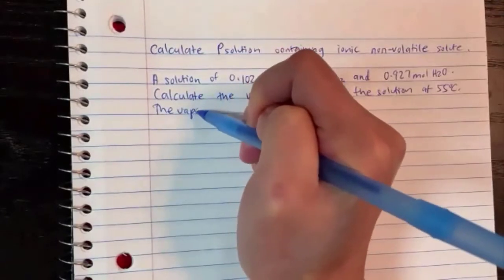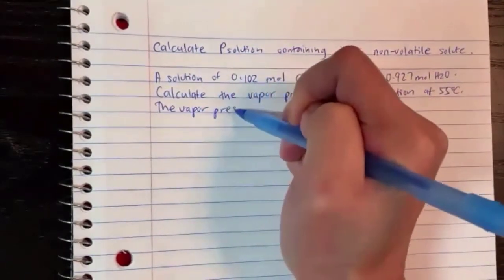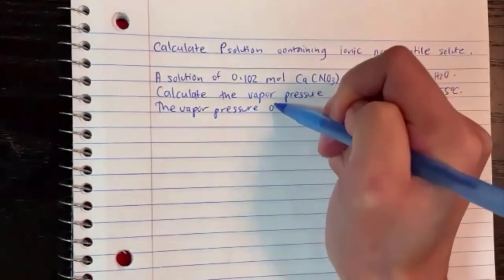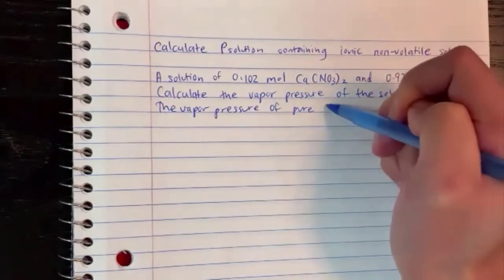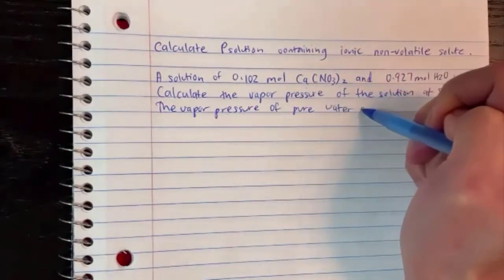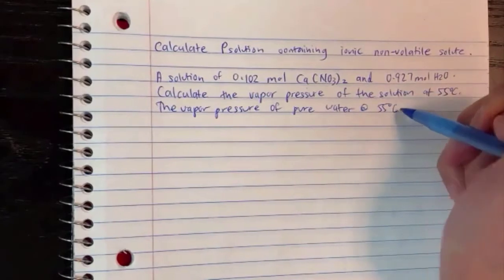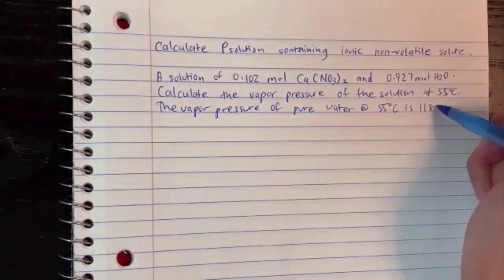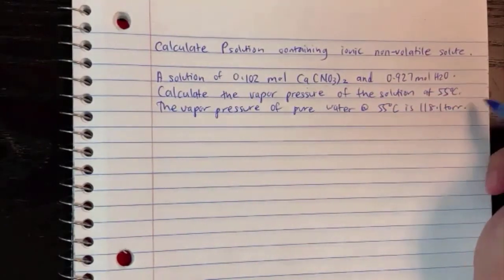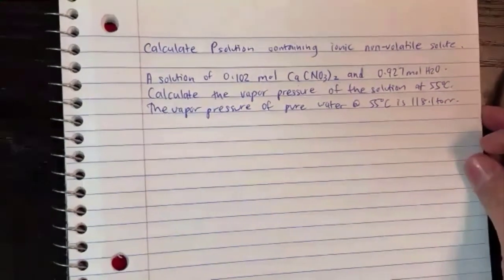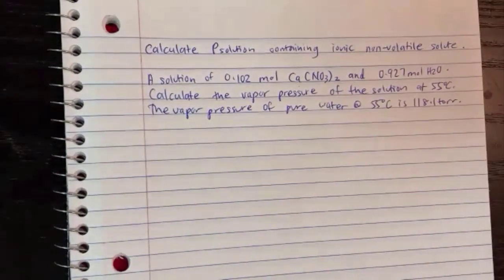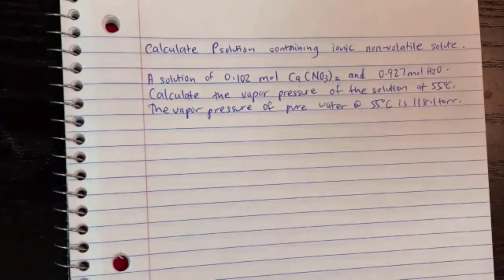The vapor pressure of pure water at 55 degrees Celsius is 118.1 torr. You guys remember in Chem 1 when you did the ideal gas law lab, you had to look up a chart where different temperatures had different vapor pressures of water.